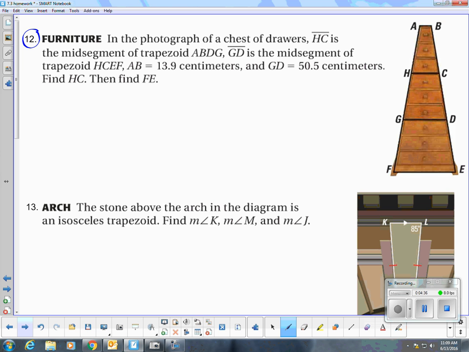Number 12, we have a diagram to the right, which is a photograph of a chest of drawers. In the diagram, HC is the mid-segment of trapezoid ABDG. So HC is in the middle, or the mid-segment, of this trapezoid right here.